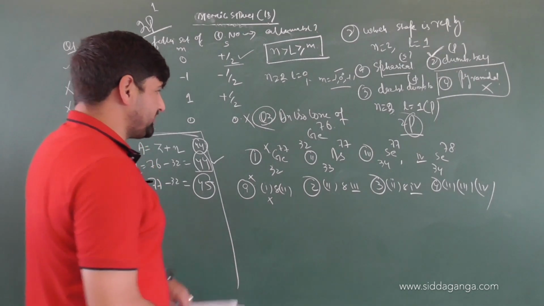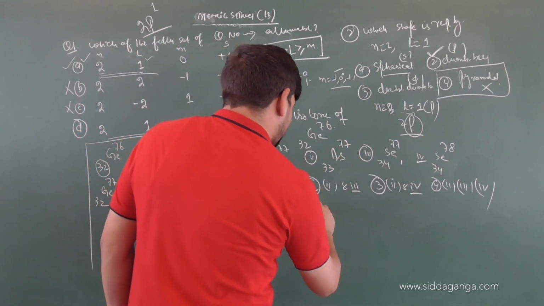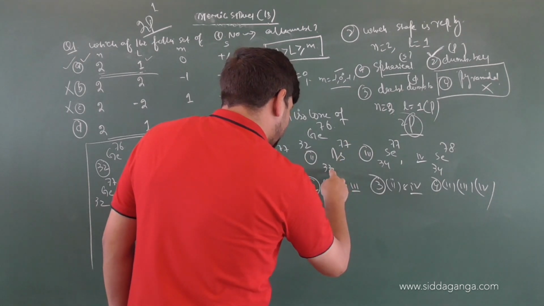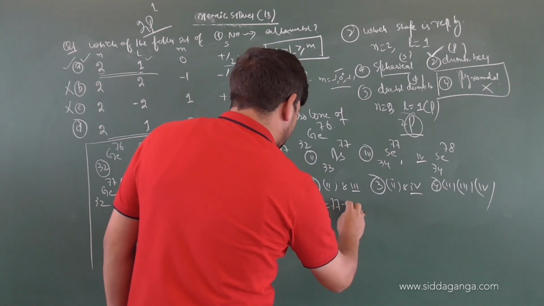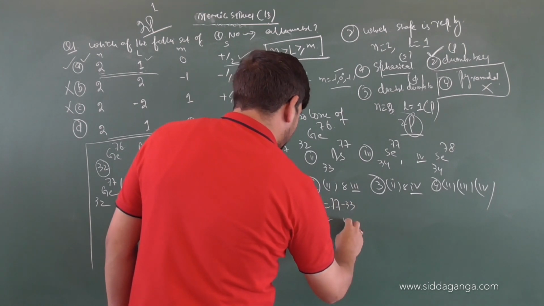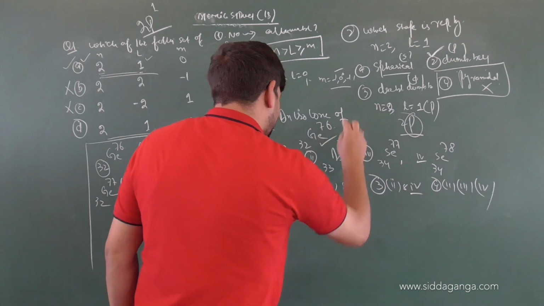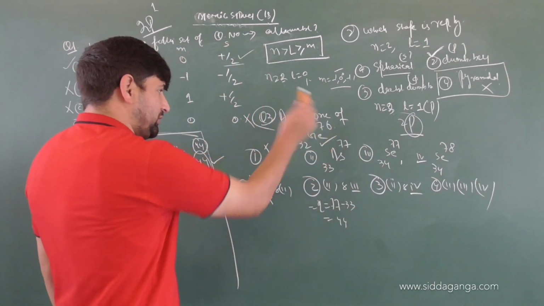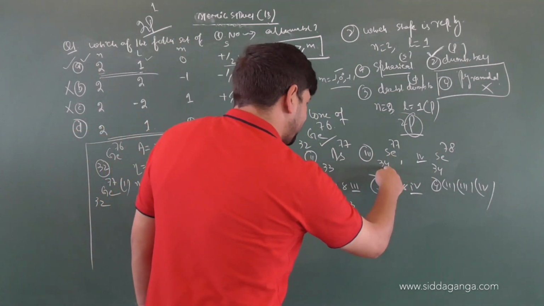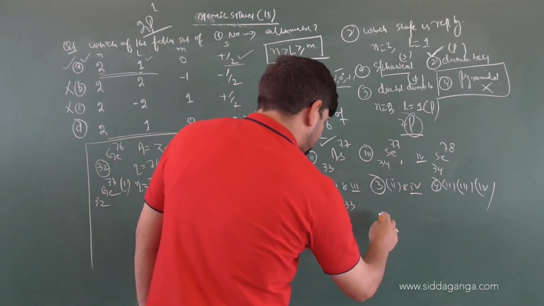Now let us see the second one, children. Number of neutrons in the second case will be 77 minus 33, right or not? That is 44. Indeed, second one is the isotone of germanium. Third one, 77 minus 34.